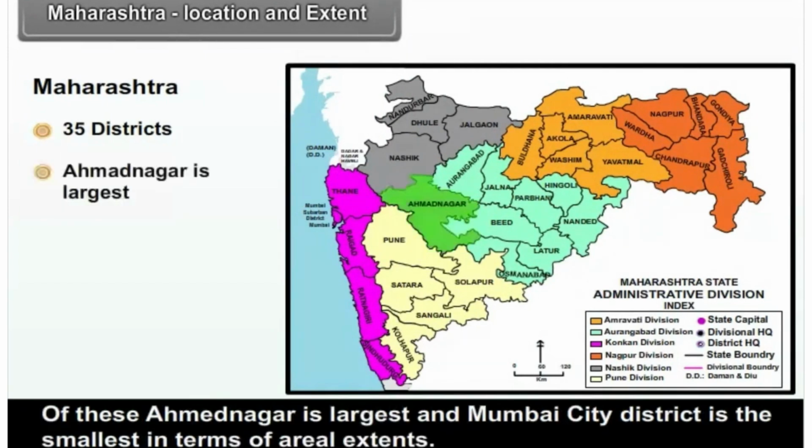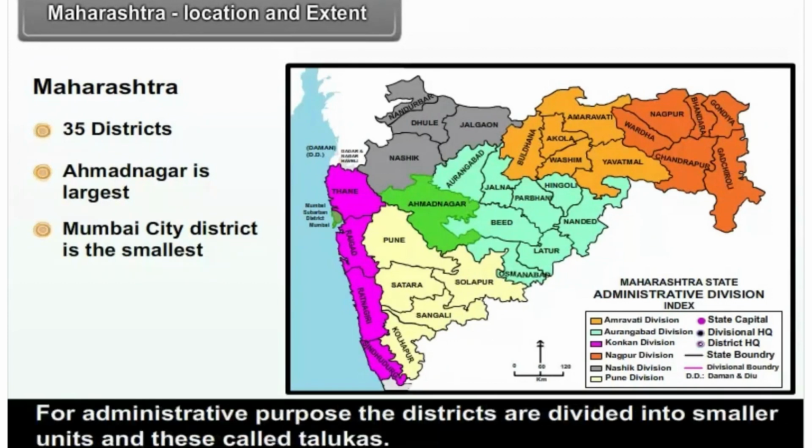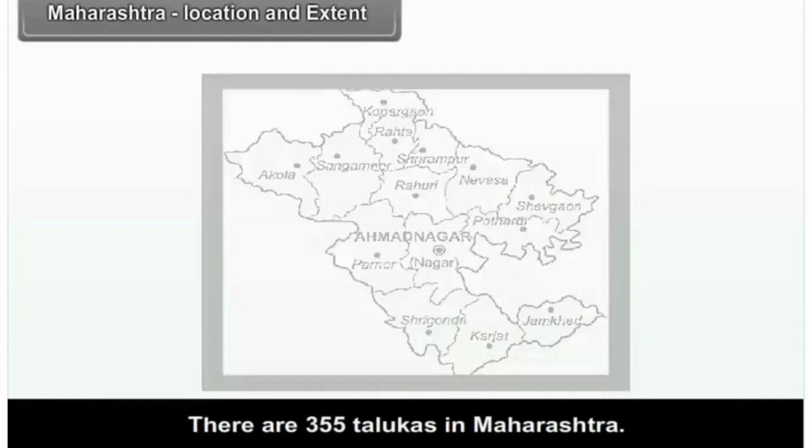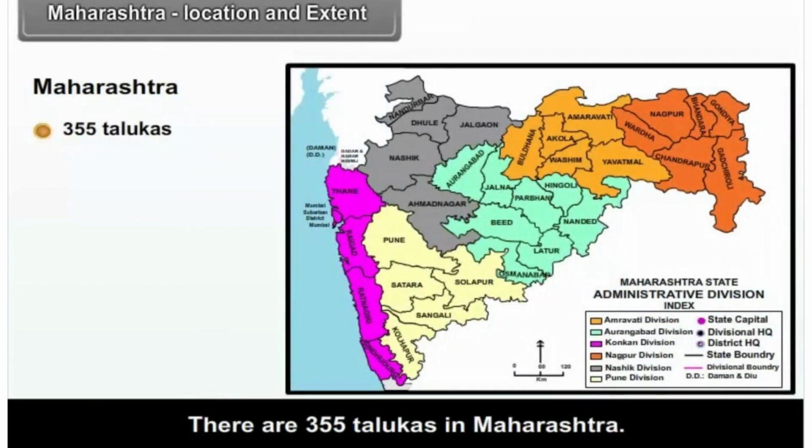Of these, Ahmednagar is the largest and Mumbai City district is the smallest in terms of areal extents. For administrative purpose, the districts are divided into smaller units and these are called talukas. There are 355 talukas in Maharashtra.